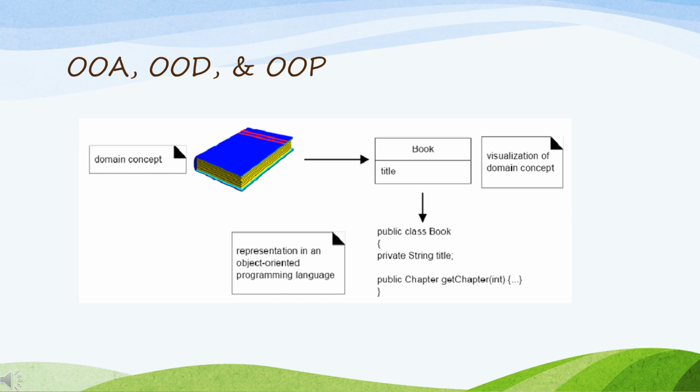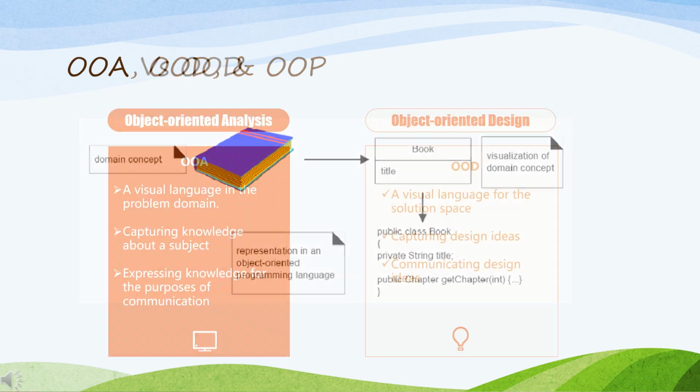In OOP, we are implementing the design objects in programming languages such as Java, C++, C Sharp, and so on.